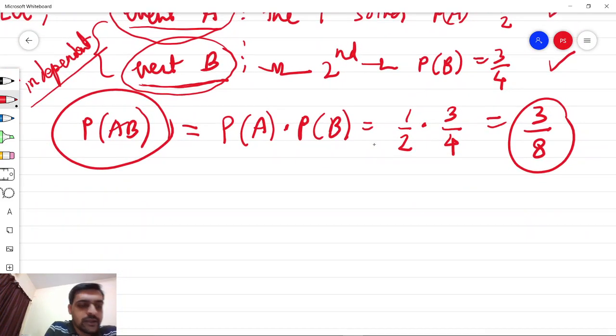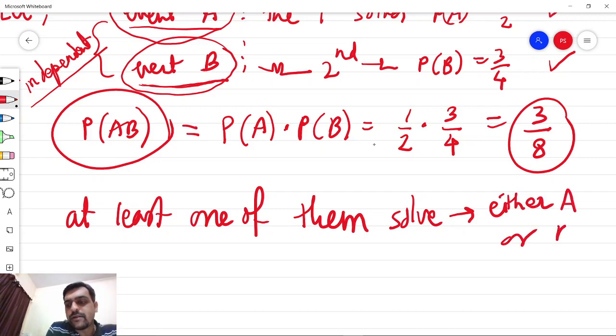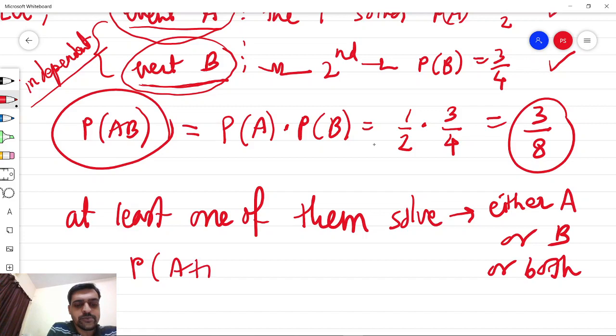So what does that mean? At least one of them solves. That means that either A solves it, or B solves it, or both of them solve it. So this is nothing but P of A plus B as per our earlier discussion.